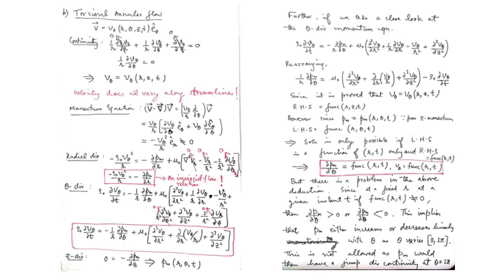And since v theta is a function of r, z and t, we can expect all these terms finally giving me on the right side a function of r, z and t. So the above momentum equation says that LHS is equal to RHS, and it looks a bit strange that the RHS, which is a function of r, z and t, is actually equal to a function of r, theta and t.